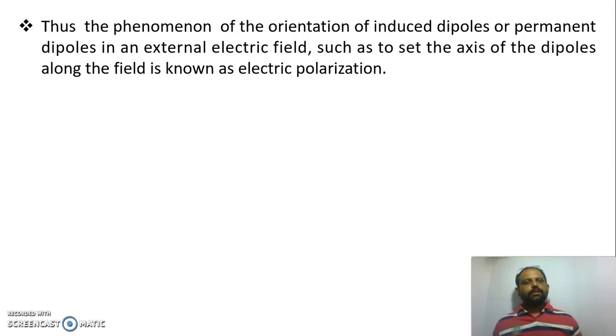To set the axis of the dipoles along the applied electric field, the phenomenon is called electric polarization. This is electric polarization, the process. When you want to define this, it is the electric dipole moment per unit volume, or the density of electric dipole moment.